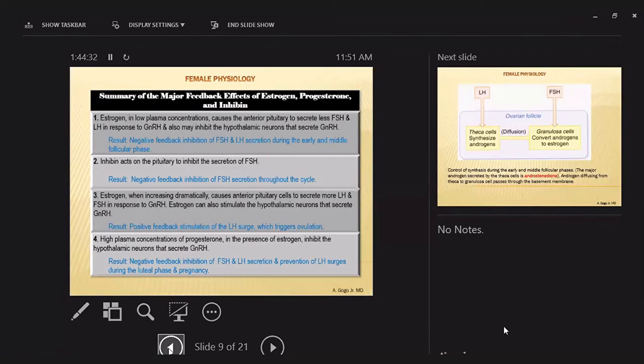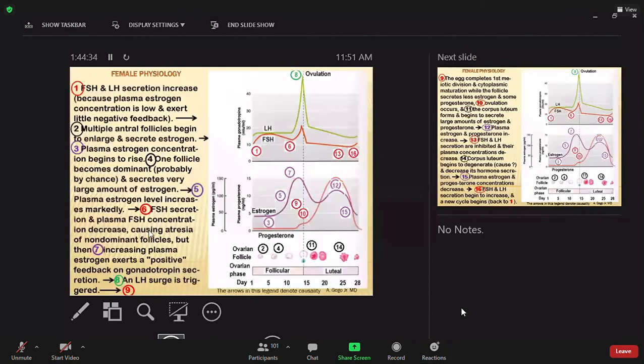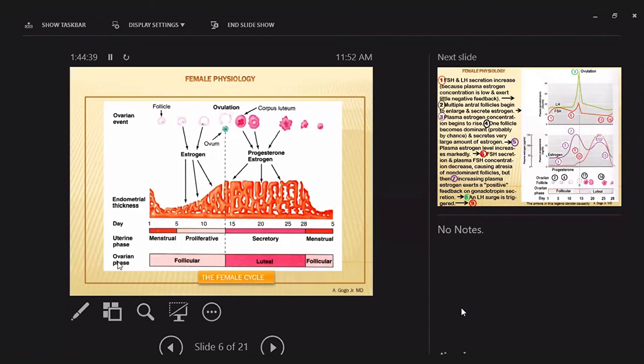So we'll stop here and then you read on this, the uterine phase and the ovarian phase, so that we will go easy tomorrow. Madali na lang i-explain and then you can easily pick up, especially if there is focus. ATM. Okay.